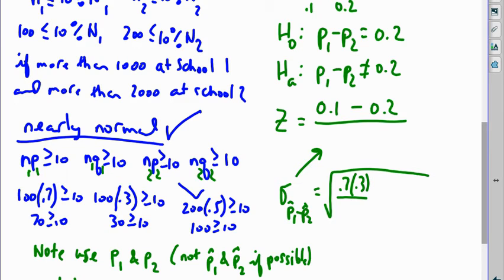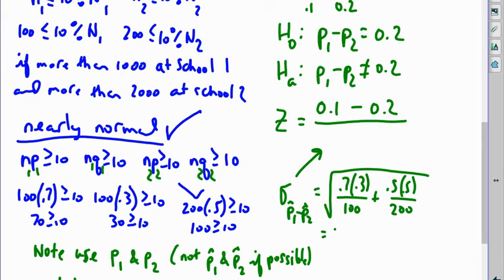See, at this point you might have thought, well, let's pool this, but don't pool this because you do not pool when you've got a hypothesized value that has a difference. So let's put in this value.